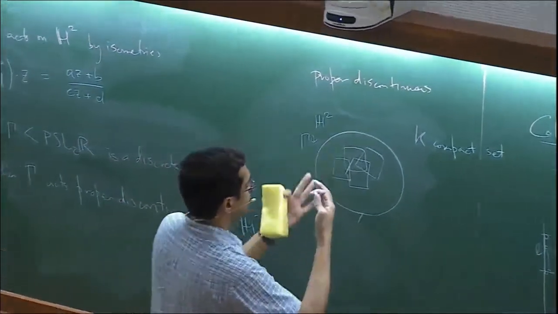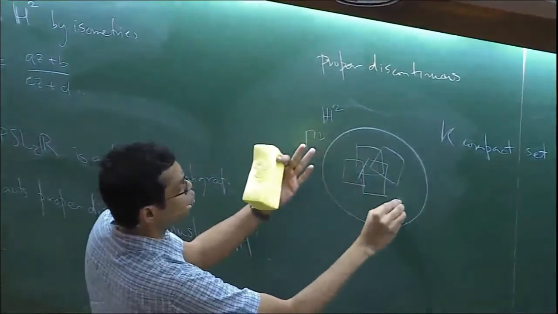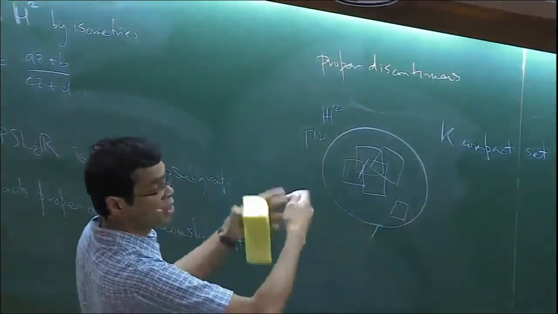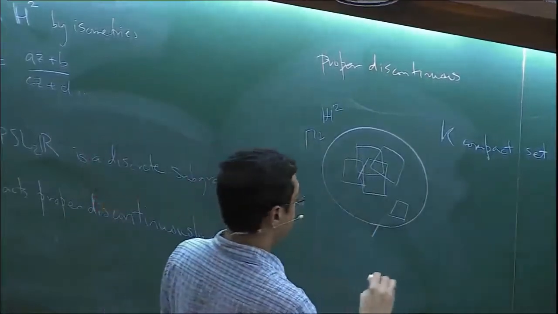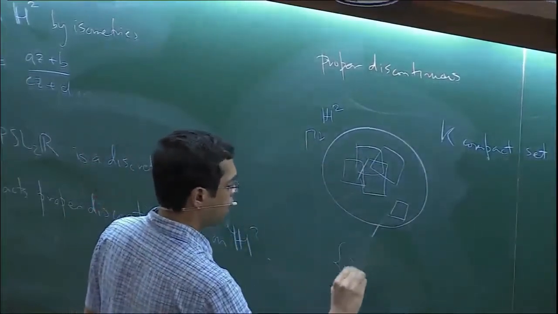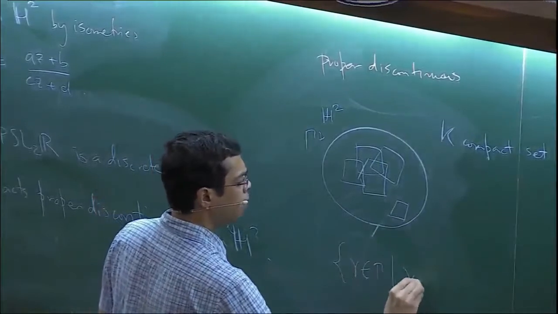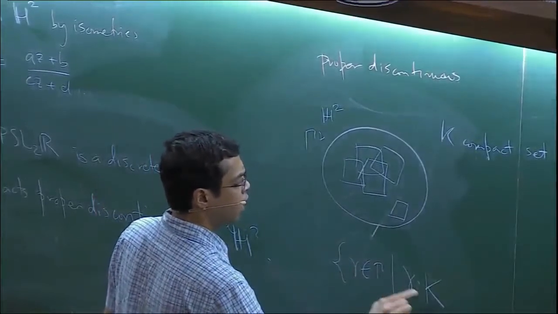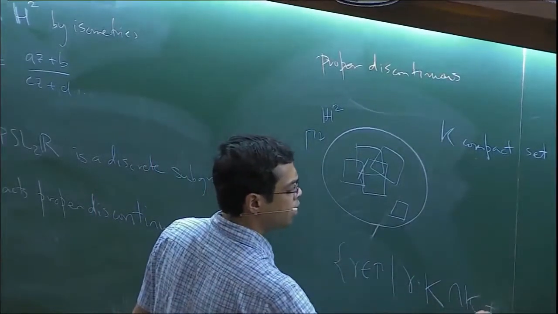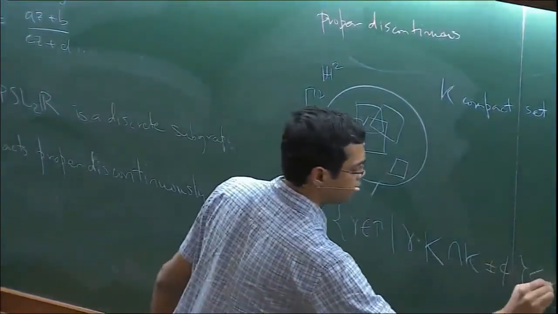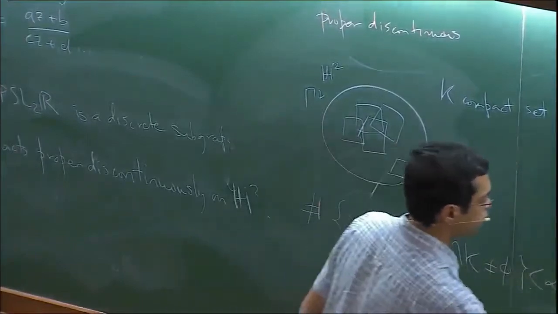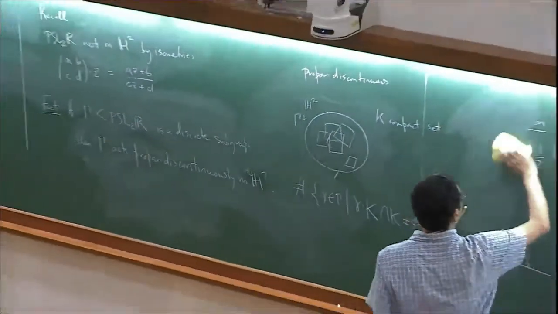Most of the elements would move the compact set away, and this is needed for this action to be nice and to spread out. So if you look at all the elements gamma such that gamma K intersects K, then the number of these is finite. This is one definition of properly discontinuous.